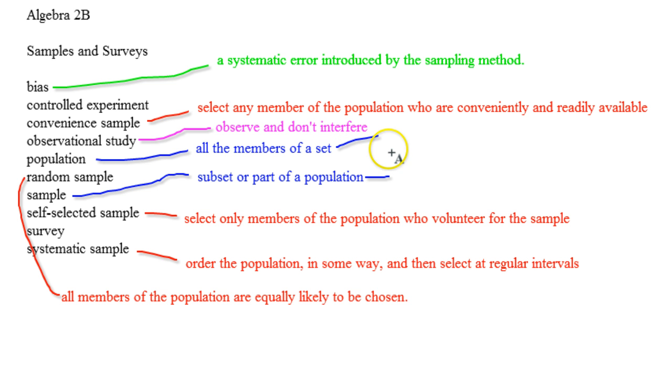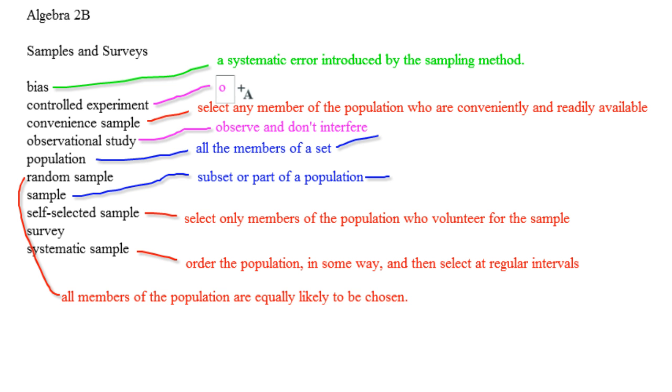See what's happening. In a controlled experiment, you divide the sample into two groups. You impose a treatment on one group but not on the other control group. Then you compare the effects of the treated group to the control group.